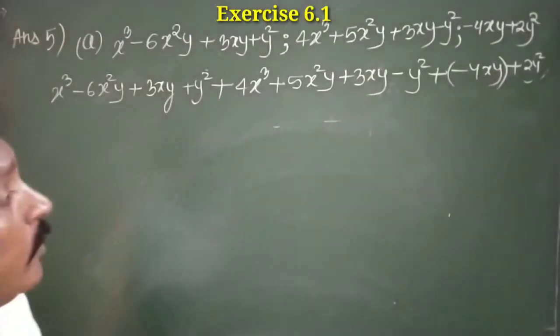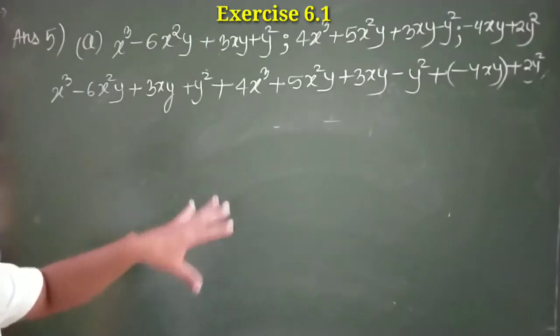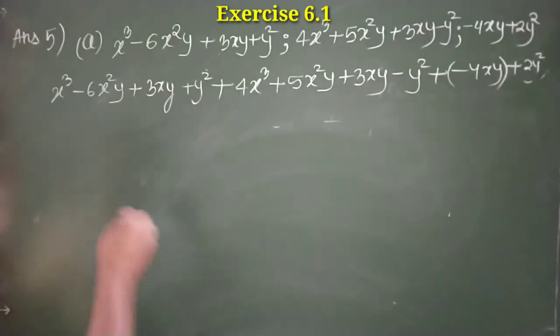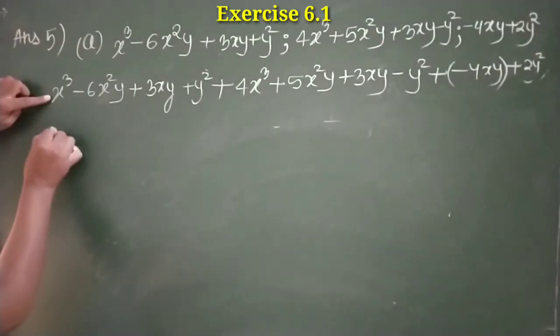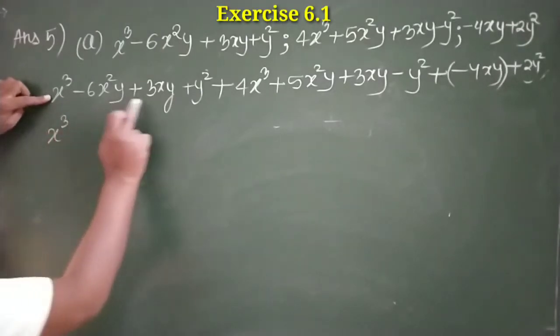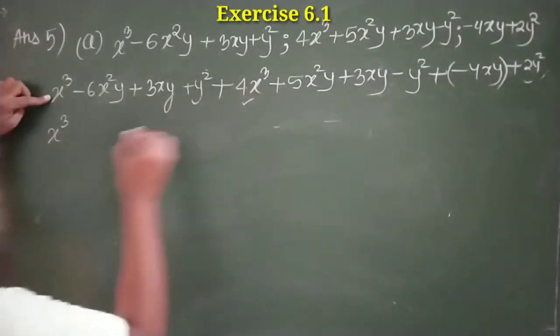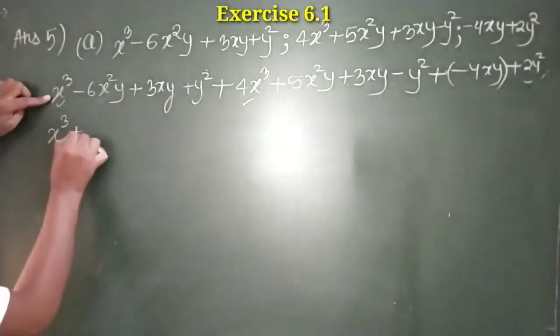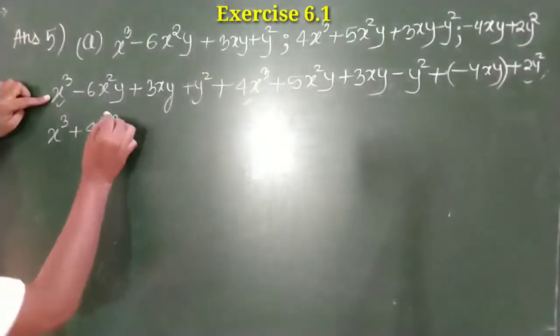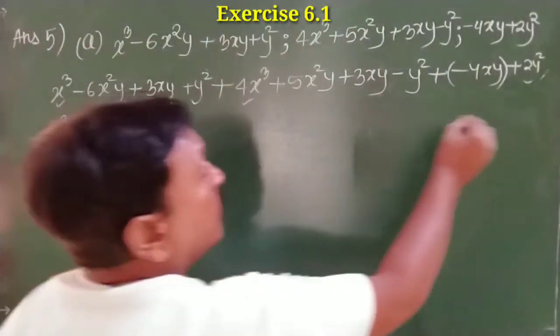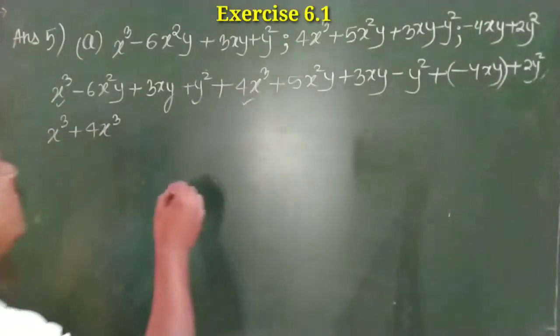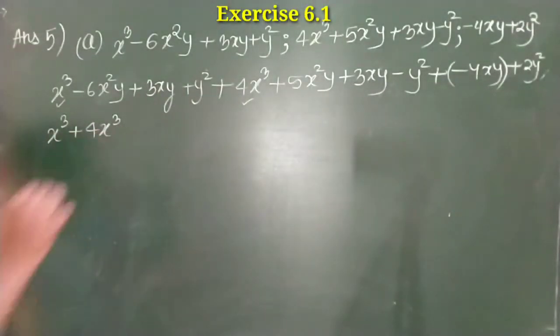So just write together the same kind of variables for solving them. First of all, take the cube ones, x cube. Anything else of cube? Yes, plus 4x cube. Anything else of cube? No. Okay, now come to the second thing.